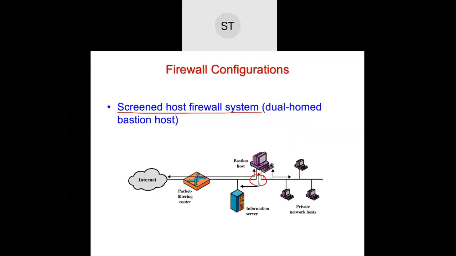And here you can see complete isolation. So this machine has different addresses, one is a global address, one is a local address. And this is called a screened host firewall.